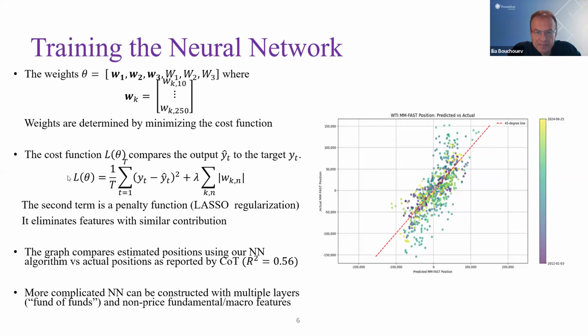This is a standard cost function that you have seen in many statistical optimizations. However, we also add a penalty function. This is called lasso regularization, a very popular thing to do.